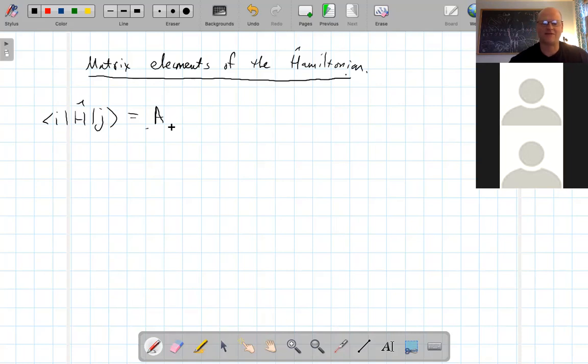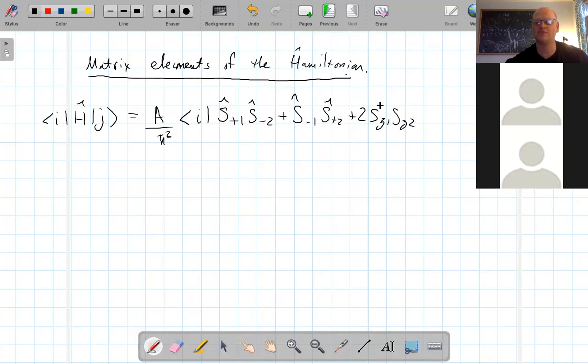So let's put this in. This is going to be A divided by h-bar squared times the inner product of I with S plus 1 S minus 2 plus S minus 1 S plus 2 plus 2 SZ1 SZ2, J. Or we can write this as A divided by h-bar squared times, now I'm just going to sandwich each one of these individually.